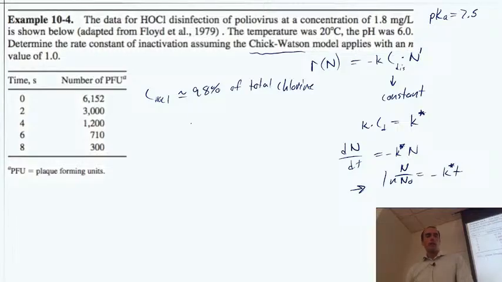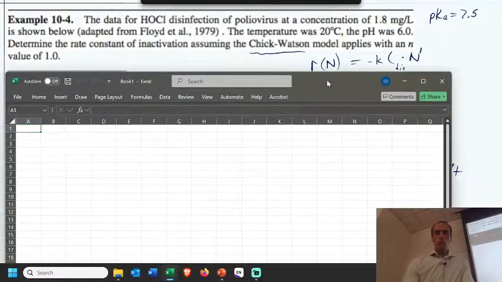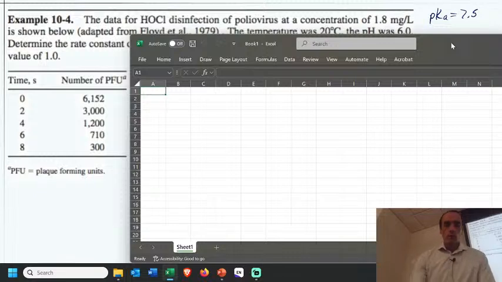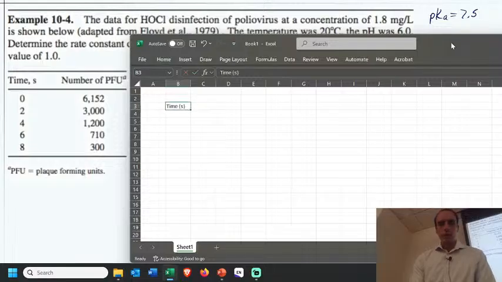Anyway, we'll come back to that later when we talk more about disinfection. For the moment, I'm just going to bring up Excel and just put in these numbers for you and walk you through that process of linearizing it. Okay, so let's just go ahead and set up a couple columns. So we'll do time in seconds and PFU here.